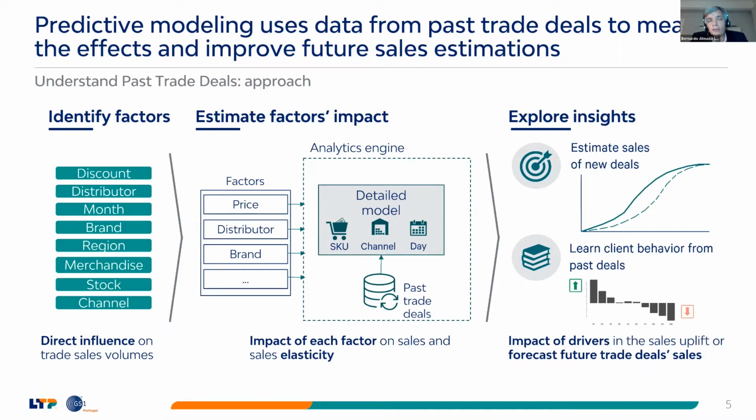Now, when I talk about factors, I'm talking about the depth of the discount, which was a distributor, the month, the brand, the merchandise, the channel, and all these factors, they might feed an analytics engine that is able to, in a very granular way, SKU, channel, day, measure and quantify the impact of each of these drivers and factors on sales and sales elasticity.